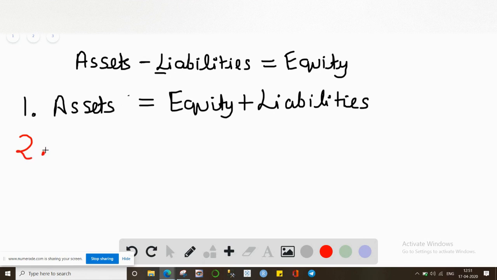Then the second possible combination will be assets minus equity. We are getting equity on the left hand side of the equation, so its inherent plus sign will become a minus sign.